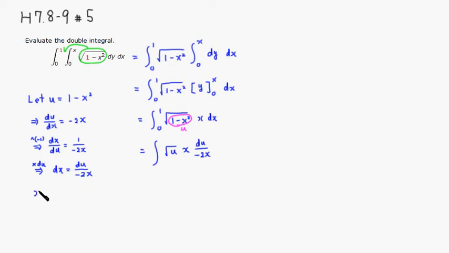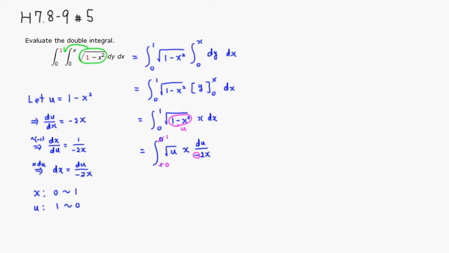So originally x goes from 0 to 1. Now the corresponding u values are, plug in 0, so 1 minus 0 would be 1. Then 1 minus 1 squared would be 0. So you're going to go from 1 to 0. And if you want, since there's a negative sign here, use this negative sign to switch the lower limit and upper limit. So you have a 0 here and 1 here.